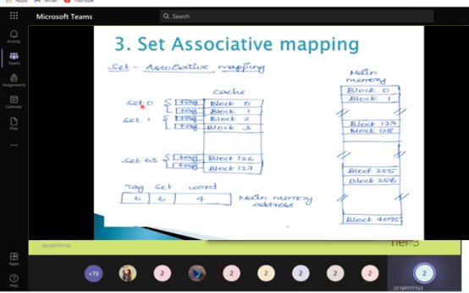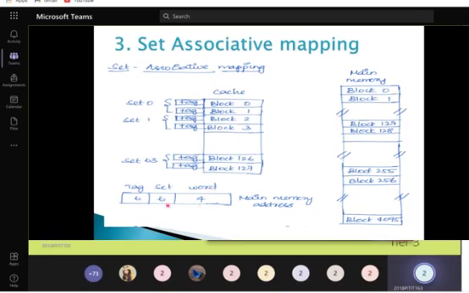That pair we call a set. So this pair is set 0, and the next pair is set 1. Like that I have 64 sets, 0 to 63. A pair is taken as a set, hence the name set associative mapping. Similar to associative mapping, but instead of 12 bits in the tag, I have 6 bits in the tag, 6 bits in the set, and 4 bits in the word.